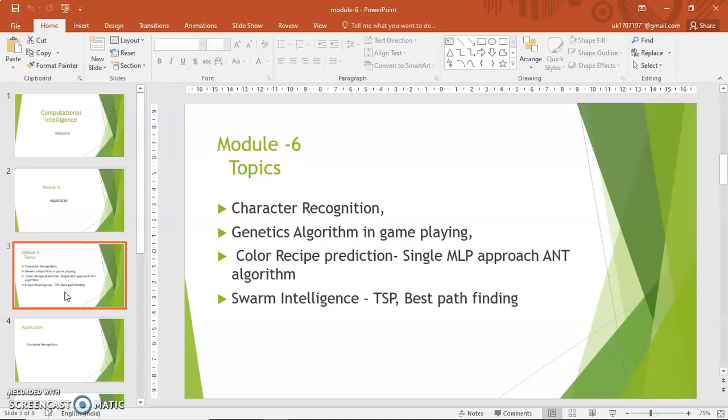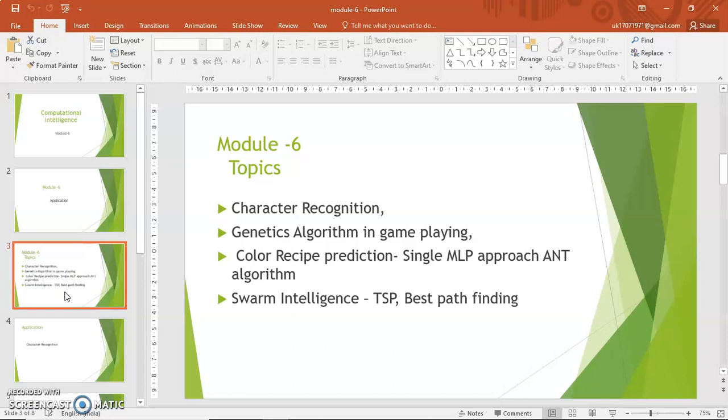This is one of the types where we know the start point, we know the goal point, and we are trying to draw a line between the start point and the goal point by utilizing the different points which the person has to visit, and complete the path with the minimum optimized solution.